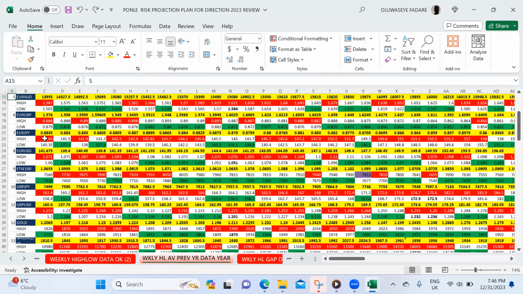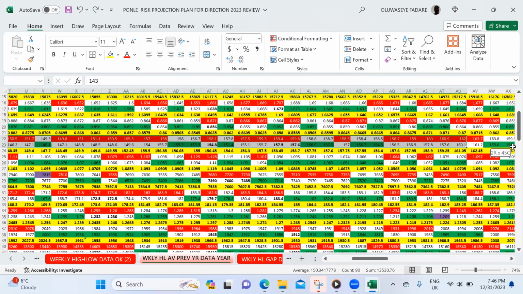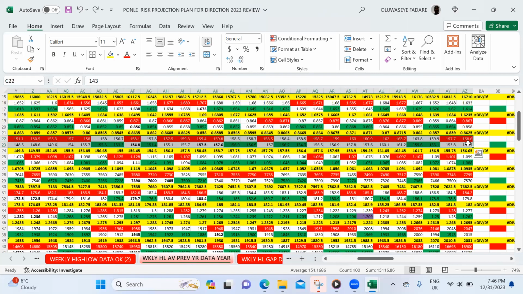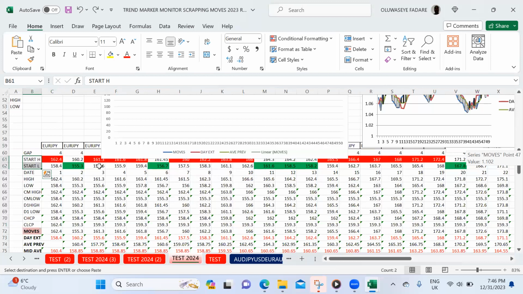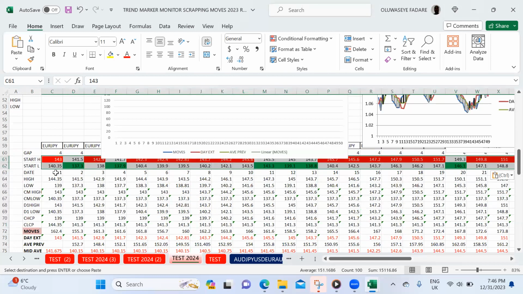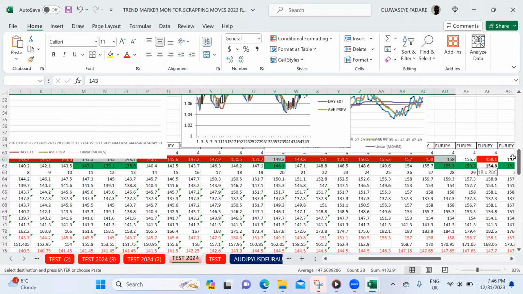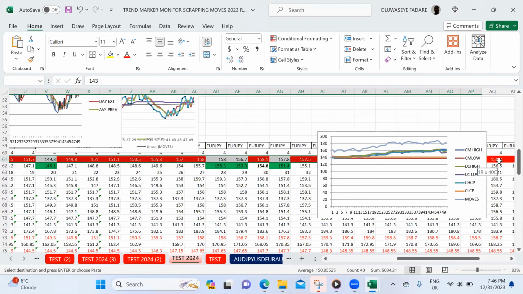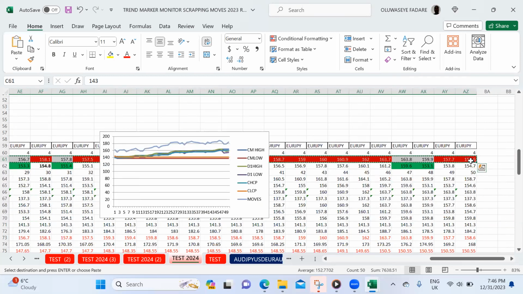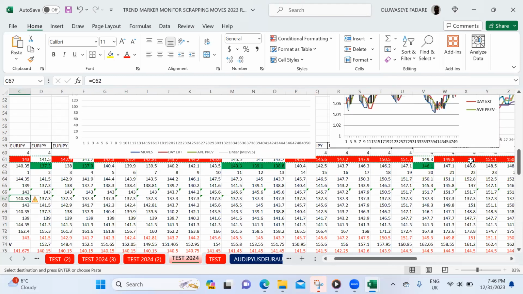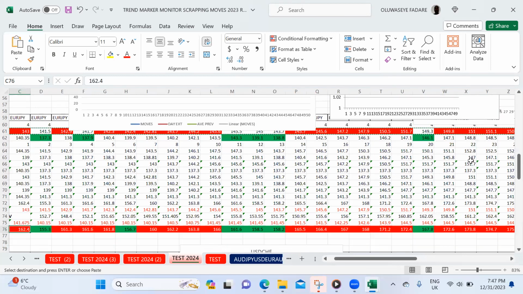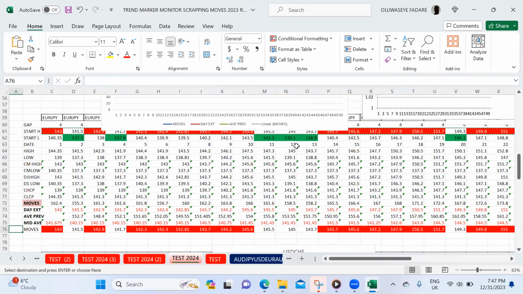So here we have EUR. I'm going to copy the data of EUR for the whole of the year. So here I have it. I'm going to fill in. You see, that's the move positions.